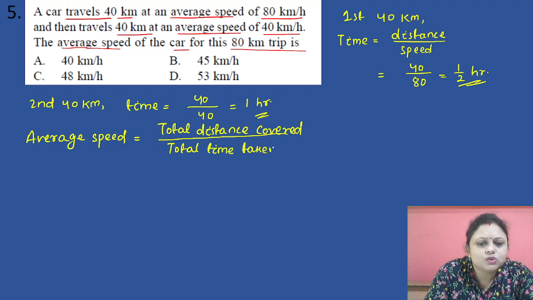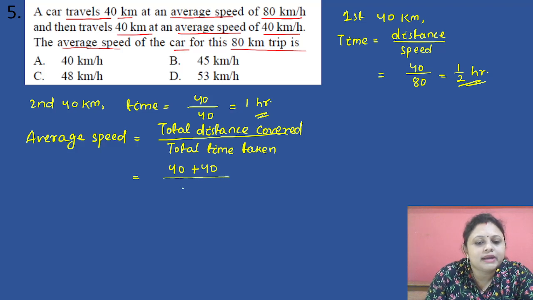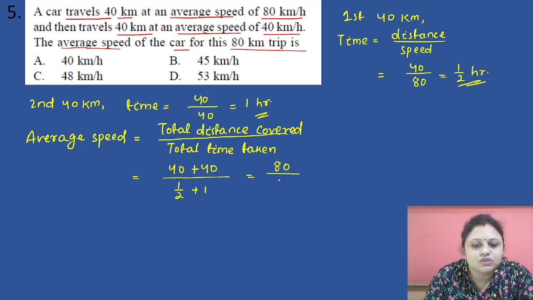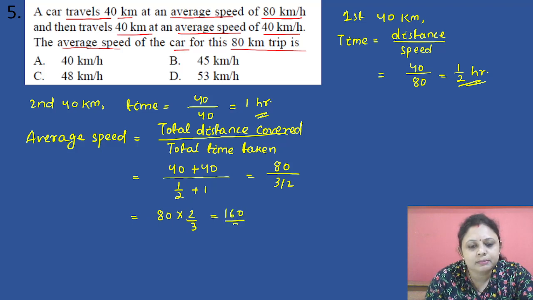Okay, so what is the total distance covered? Total distance covered, first 40 kilometers, then second 40 kilometers, by total time taken, that is first half an hour plus second 1 hour. That is equal to 40 plus 40, 80, by half plus 1, that is 3 by 2. It is equal to 80 into 2 by 3 equal to 160 by 3.